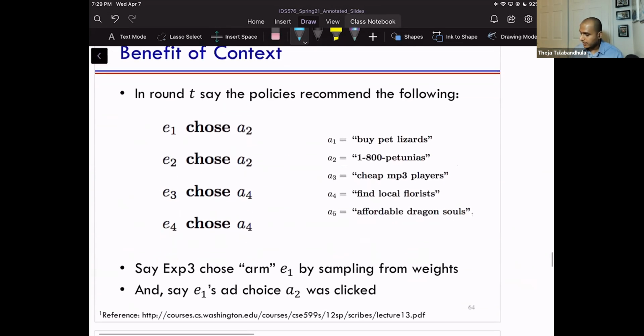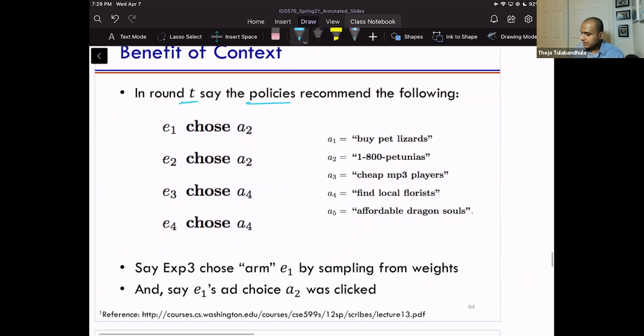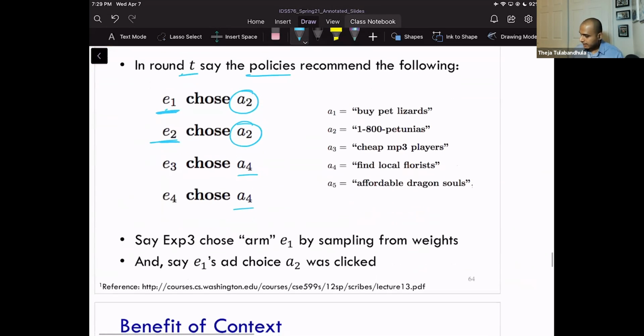So let's say in round T, each of the policies recommends something. Instead of F, I'm using E. Policy 1 chooses action A2, policy 2 also chooses A2, and the other 2 policies choose A4. So these are the choices that each of the policies would make.